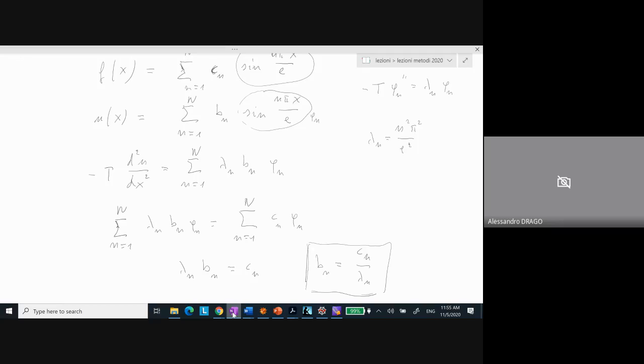Let me make a comment that is important, a general comment on what we are doing. So, why are we discussing this technique of Fourier? And is this technique, so to say, sufficient?